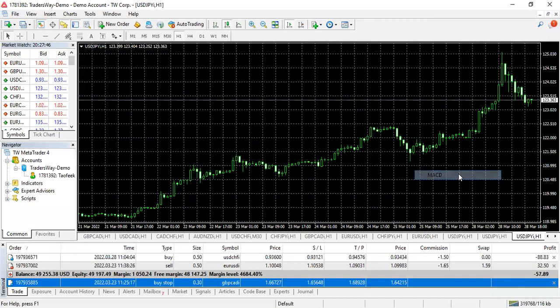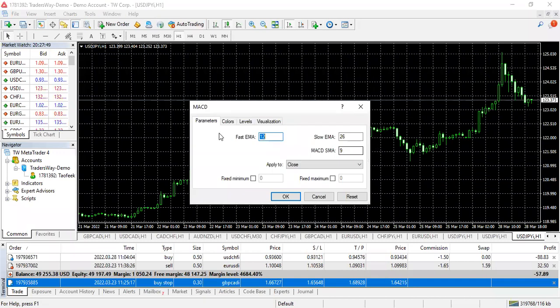Let us click on MACD. Here you can have your parameters, depending on the strategy you are using. Let's assume you watch a YouTube channel and someone is trying to give you a starting strategy, and that person instructs you to apply close, open, high, low, medium.